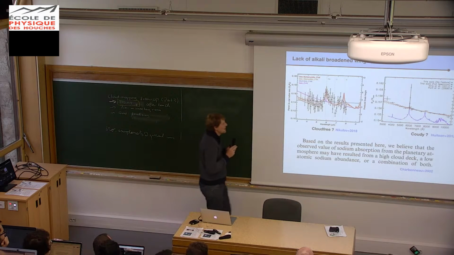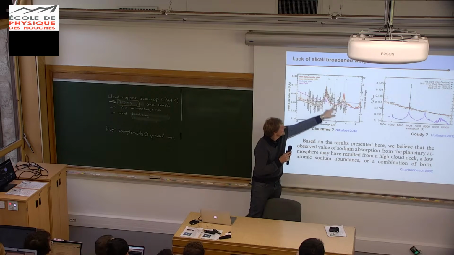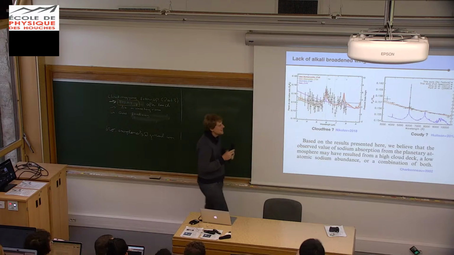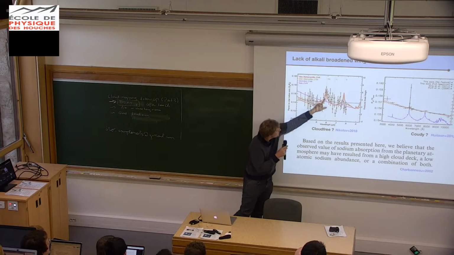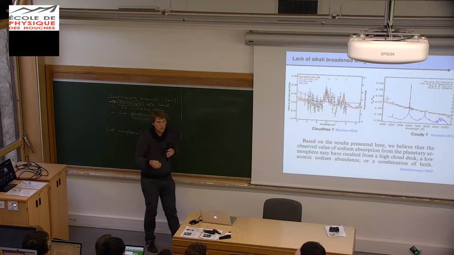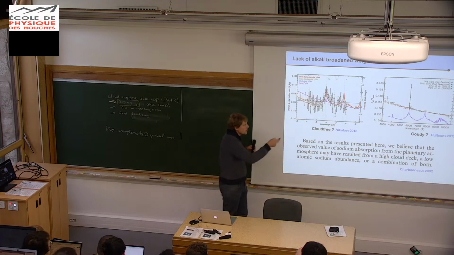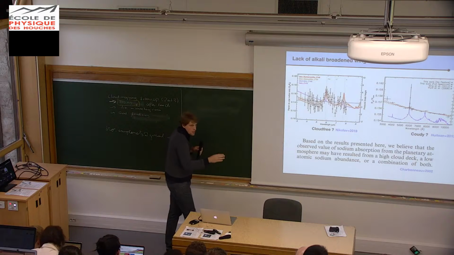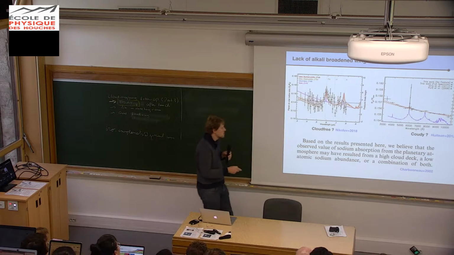It's broad, it's not flat, it's broad. It's definitely not compatible with that line, but more with one of those lines. So seeing the sodium feature can be a good telltale of whether you have clouds or not in your atmosphere. And that's not going to depend on your stellar inhomogeneity as much as the slope itself, because you're resolving a feature that's not supposed to depend much on the star.